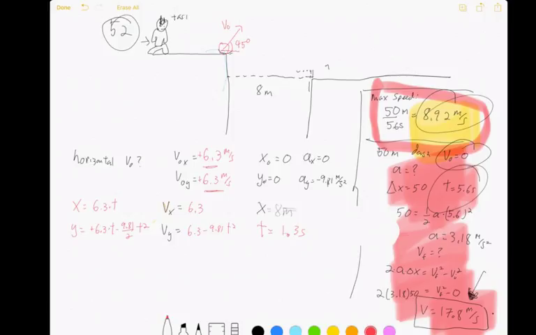It's 1.27 seconds, but whatever. So the y position at that time is 6.3 times 1.3 minus 9.81 times 1.3 times 1.3 divided by 2.